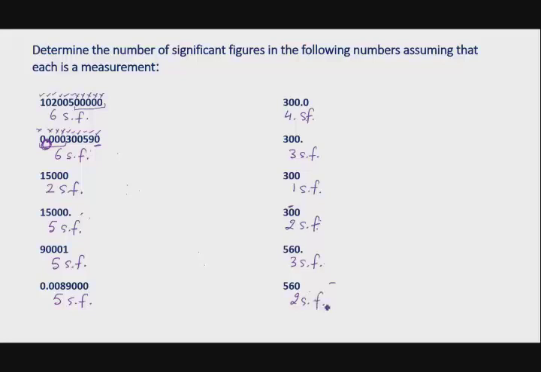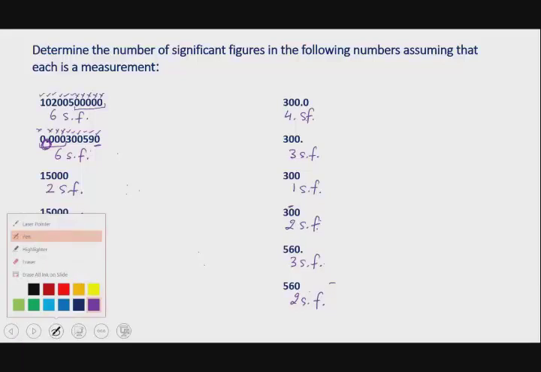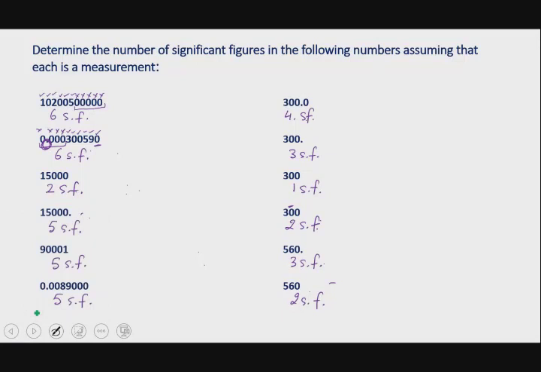Now, why is it important for us to know how many significant figures a certain measurement has? It's important because, as you remember from the previous slide, the error in a measurement lies in the last reported significant figure, which means that if this is the last significant figure in the reported measurement, then the error will be, in this case, 2, 3, 4, 5.